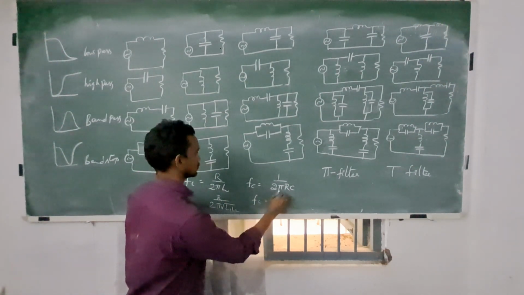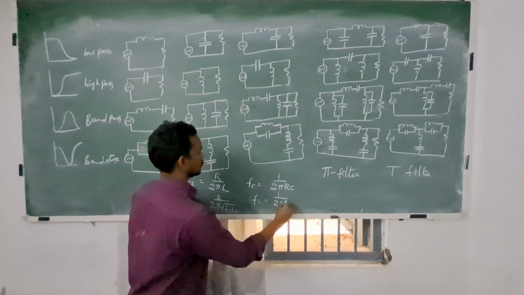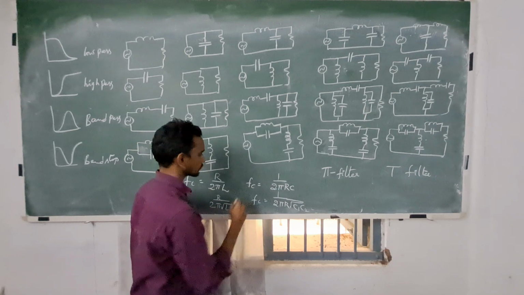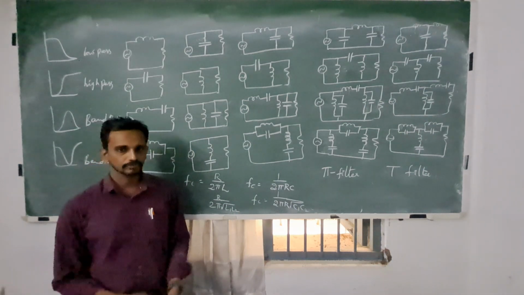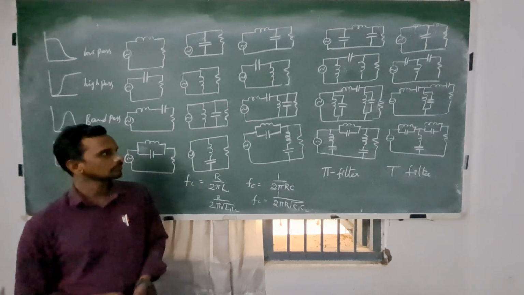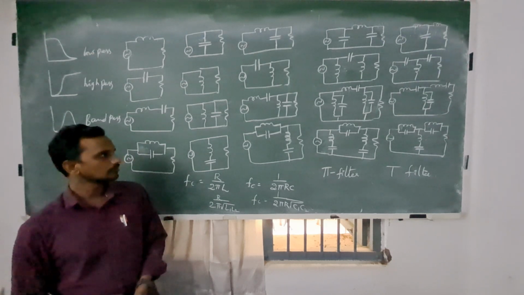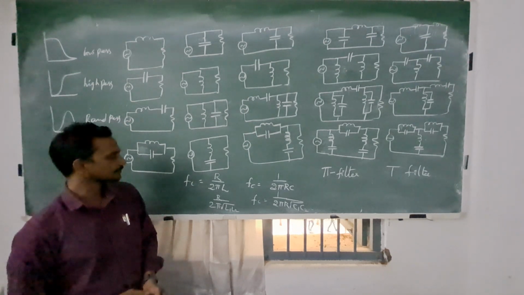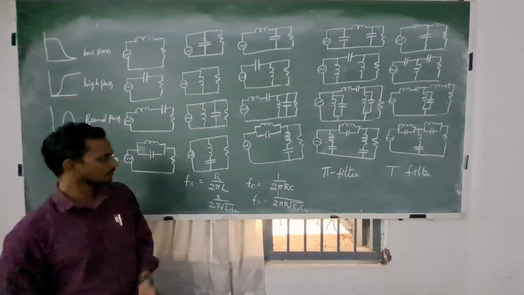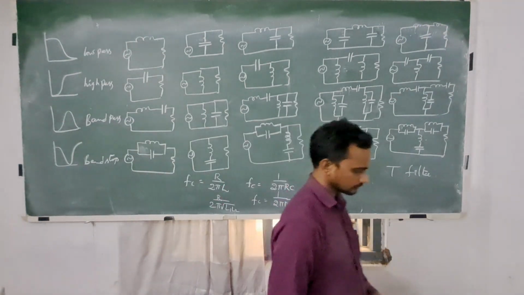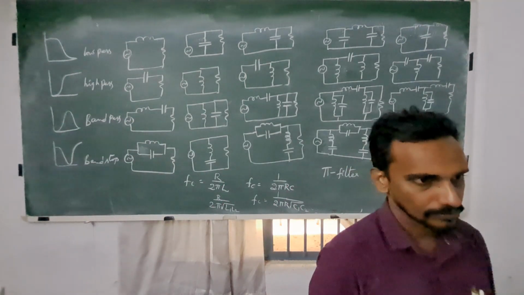Here it is 1 by 2 pi R square root of C1 and C2. What about the combination? We'll see those equations later.